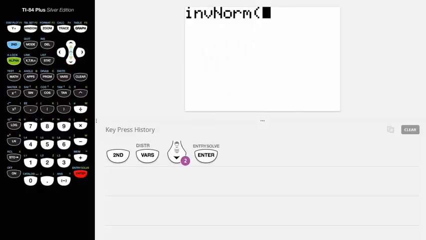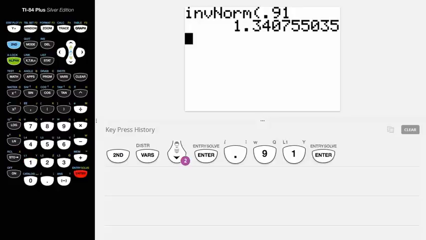Enter. Inverse norm is set up to take an area that is shaded to the left. So I type in my area of 0.91. By default, the mean is 0 and the standard deviation is 1. I press enter and I get my z-score of 1.34.